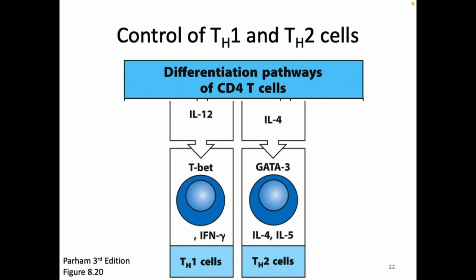With Th1 cells, as you can see here, we have a cytokine called IL-12 that is made by our innate immune cell, usually our dendritic cell.